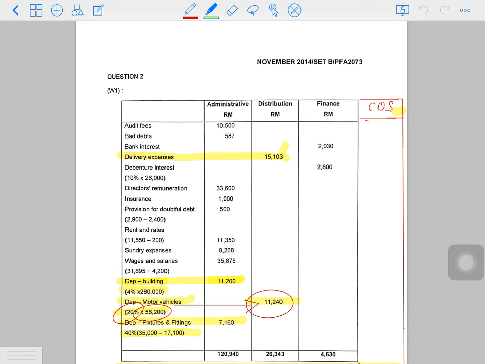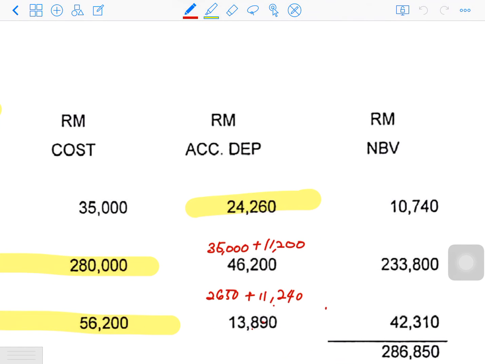That is the accumulated depreciation. So here 17,100 plus depreciation.